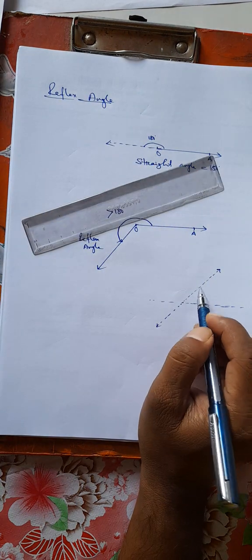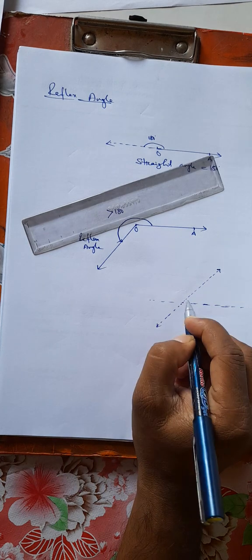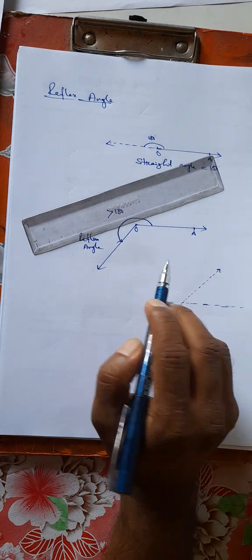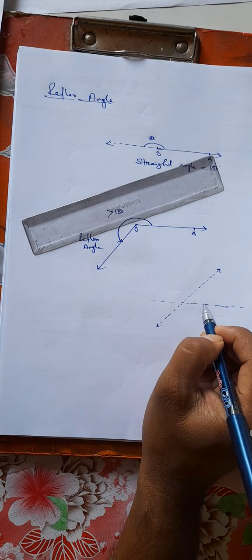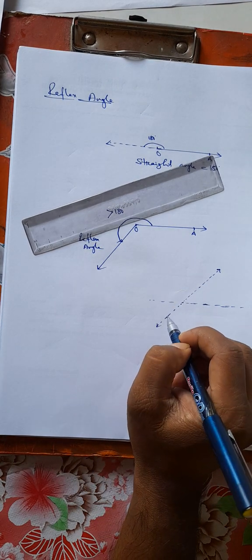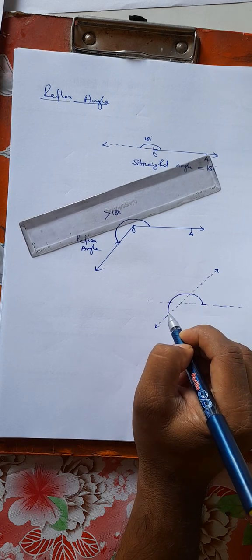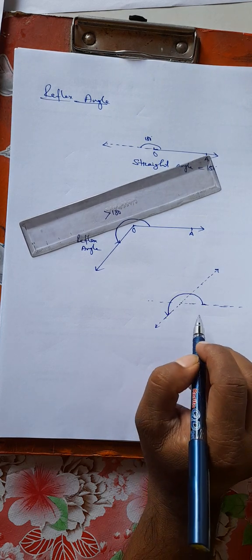So it's a reflection of this line. This line is a reflection of this. So that is why it is named a reflex angle. This line looks like a reflection of this. It's a reflex angle.